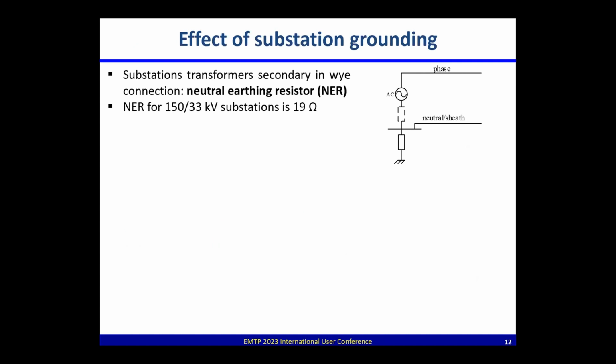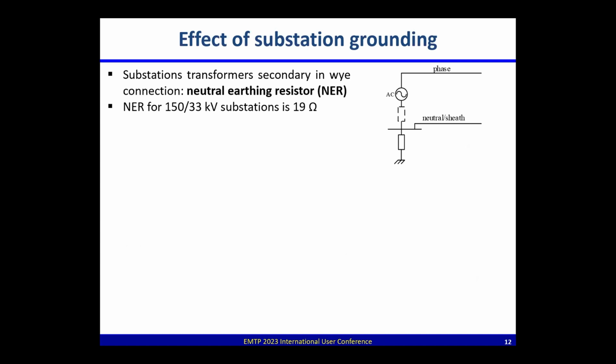actually most people think that it is the earth substation, but these are two different ones. The neutral earth resistor connects the neutral point with the grounding of the system, and it is used to reduce the single pole faults.